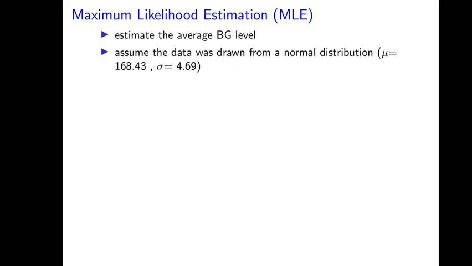So we will first assume the probability distribution that fits this data, and we will assume that the data was drawn from a normal distribution with an average of 168.43 and a standard deviation of 4.69, and these parameters were drawn from the 7 data samples that the company has received from the client.